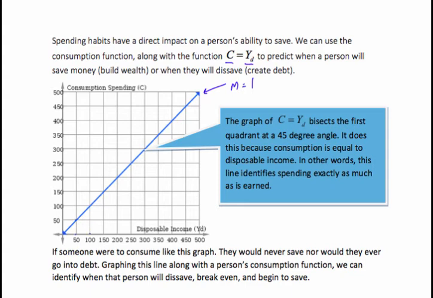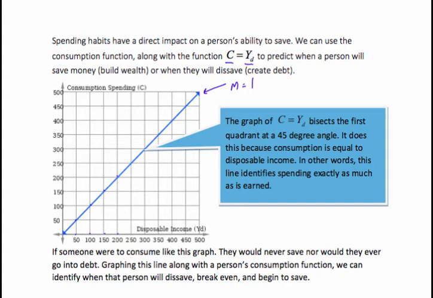If we earn $100, we're spending $100. $150. So somebody that was operating on the line C equals YD would spend every cent that they made. And they would never save, but they would also never go into debt. They would always be, at the end of each week, breaking even.